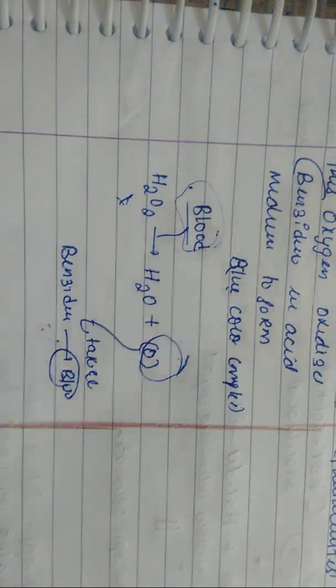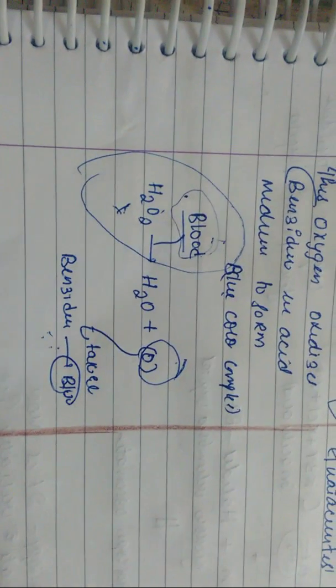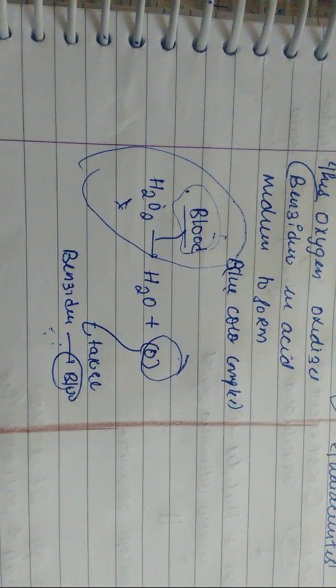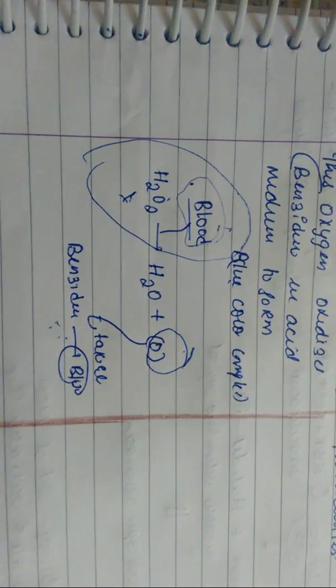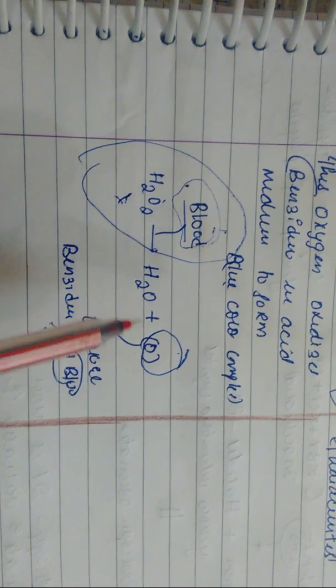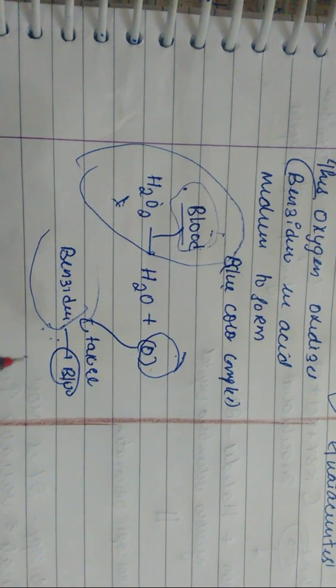After mixing blood, H2O2 and the benzidine, if you see a blue color as the result, it means it is because of the peroxidase activity of the hemoglobin present in the blood, which converts the H2O2 into H2O and nascent oxygen, and that nascent oxygen takes electrons from the benzidine and results in blue color.